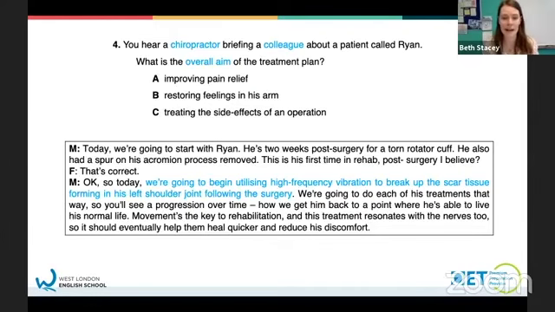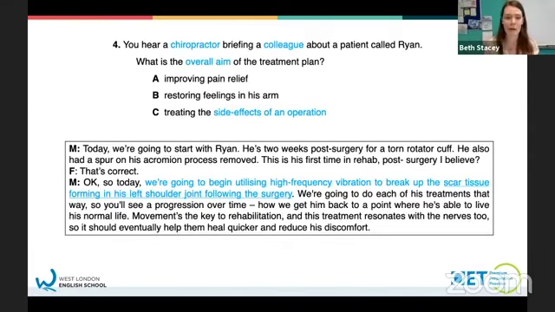Now, this area is key for the answer, because if you have scar tissue forming following surgery, this is a side effect of an operation. And as the chiropractor goes through after surgery, we're going to do each of his treatments that way.